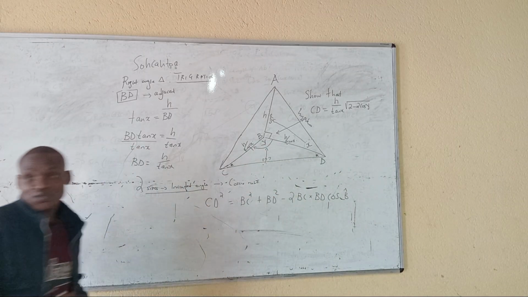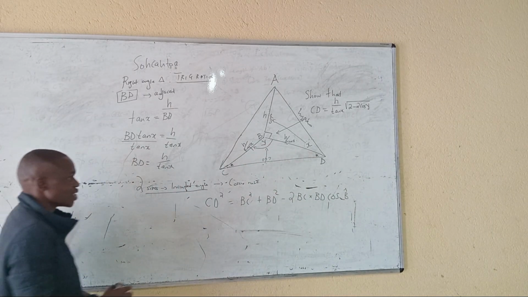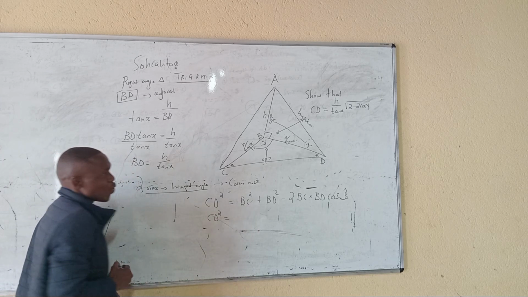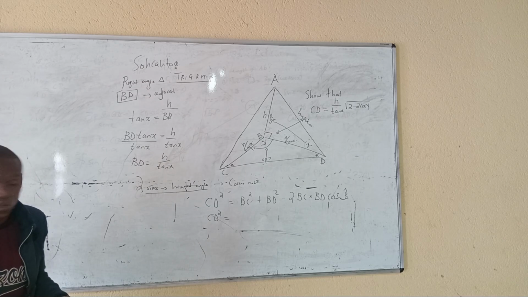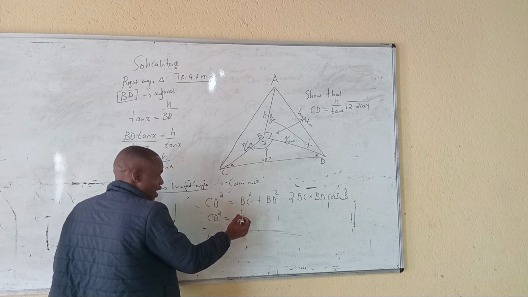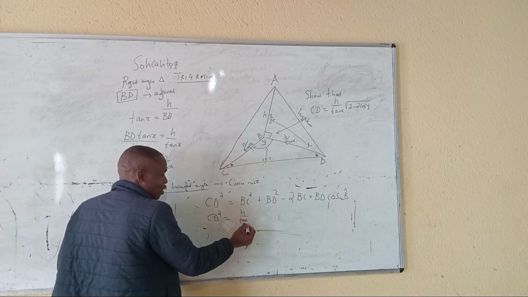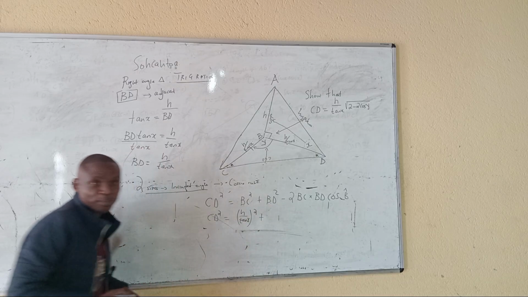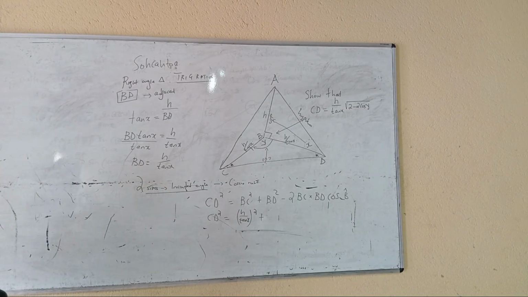Now you start with substitution. You say CD squared equals, what is BC? H over tan x. So you're going to say (H over tan x) squared plus, what is your BD? H over tan x.